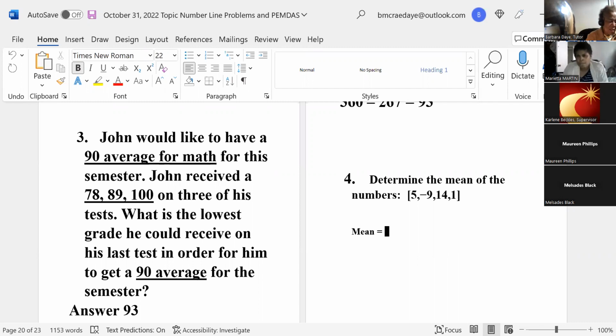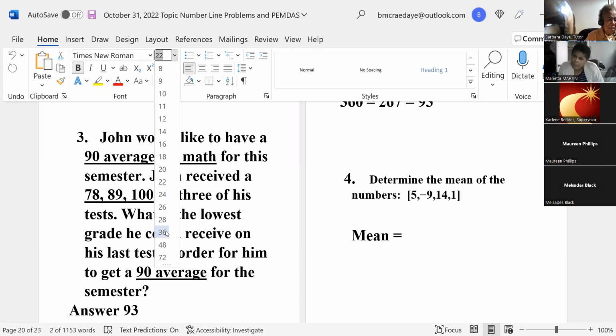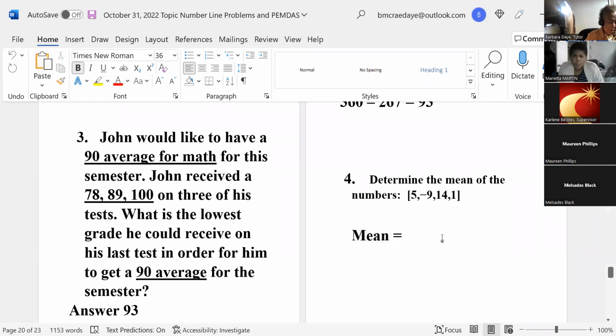Because 5 from 9 leaves 4. 4 and 14 is 18, and 1 made 19.